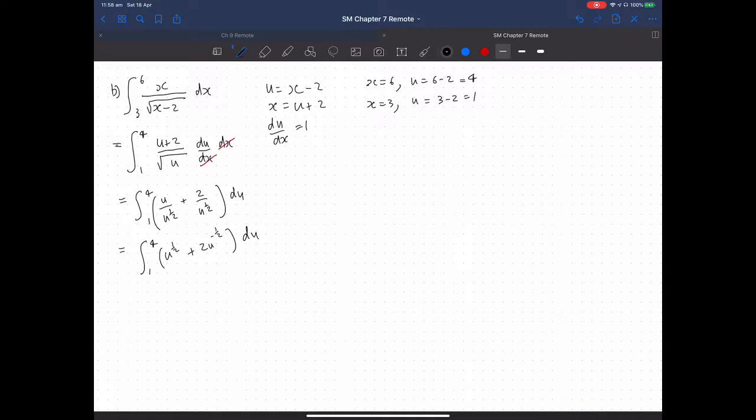Now we're ready to anti-differentiate. So our antiderivative, remember, goes within the square brackets. Add 1 to a half, we get 3 over 2, and divide by the 3 over 2. Plus 2, add 1 to minus a half, you get plus a half, and you divide by that 1/2 between 4 and 1.